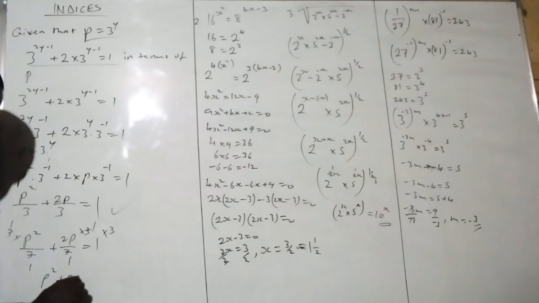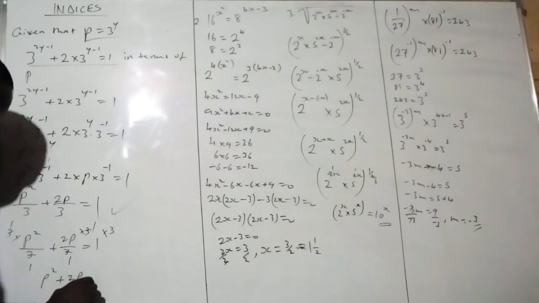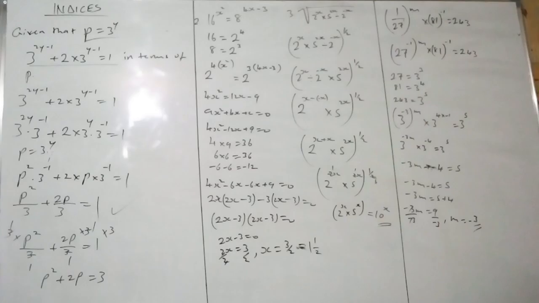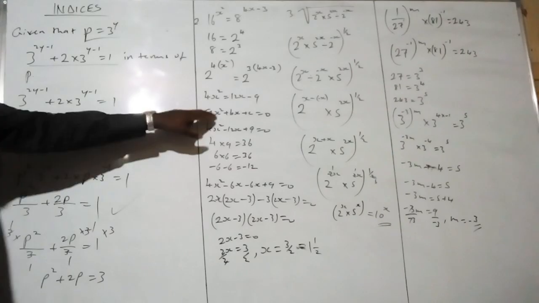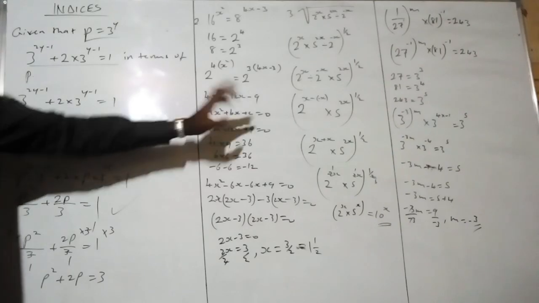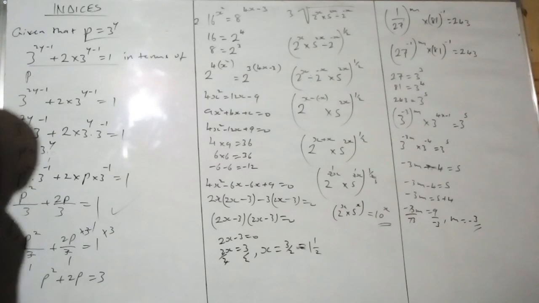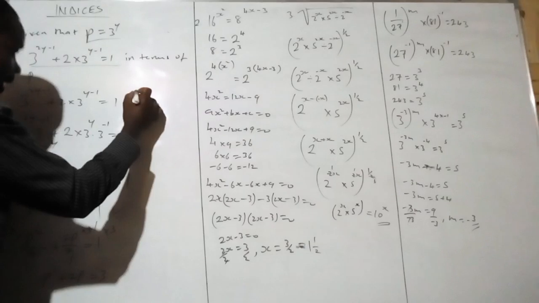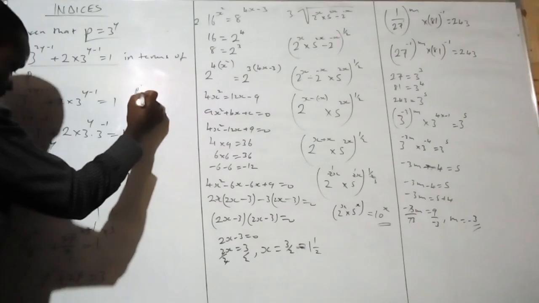Yeah, so your equation will be in the form of a quadratic ax squared plus bx plus c is equals to 0. You can come here and say p squared plus 2p minus 3 is equals to 0.